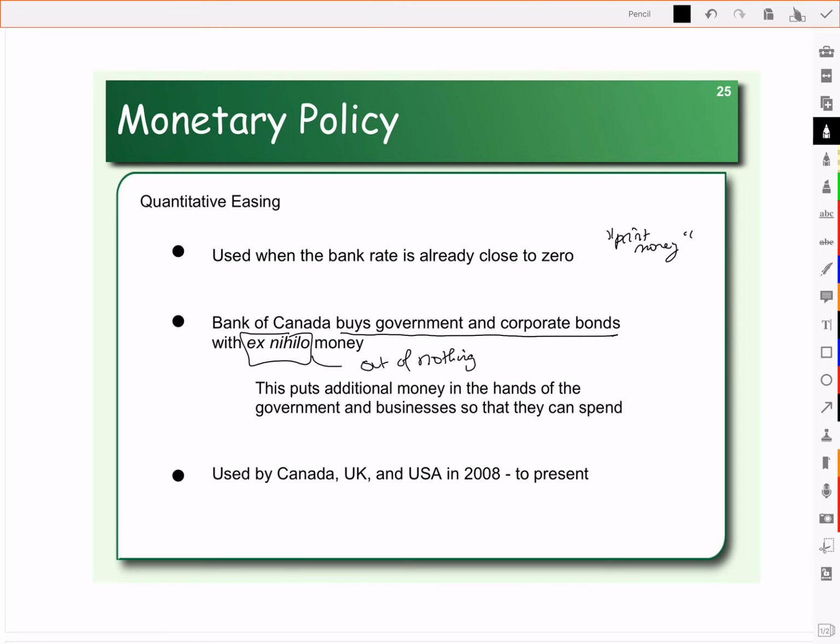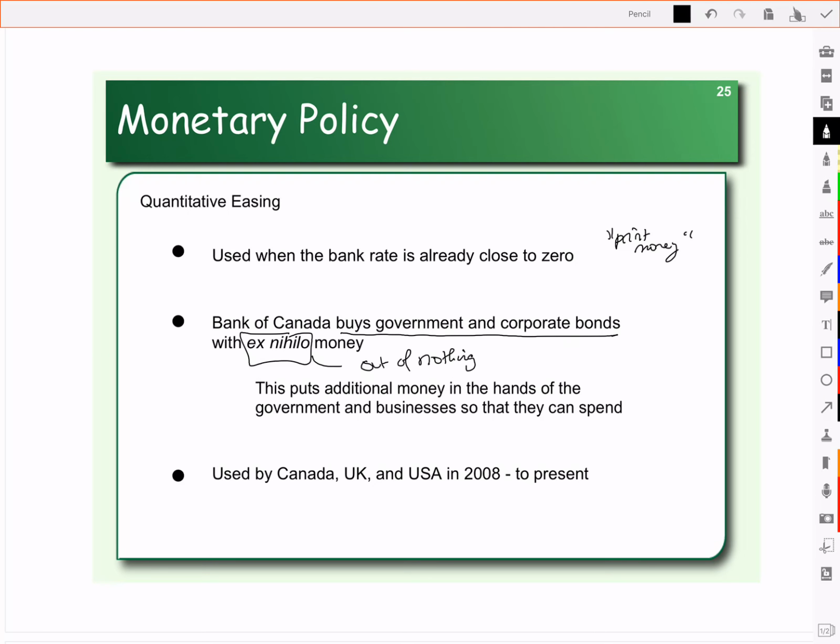So if governments and corporations issue bonds to finance their spending, they're essentially accumulating debt. We'll pay you back later. Well, how do they get the money then for that spending? Well, the Bank of Canada bought up government and corporate bonds by creating money to do so. Ex nihilo, money out of nothing. They created electronic money and they put it into the government's bank account. They put it into corporations' bank accounts. And so now these companies and the government have more money to spend and expand.